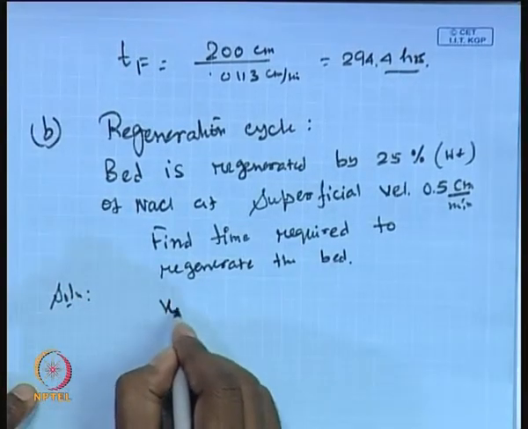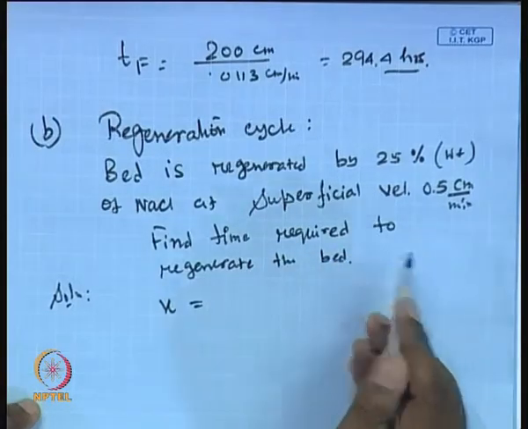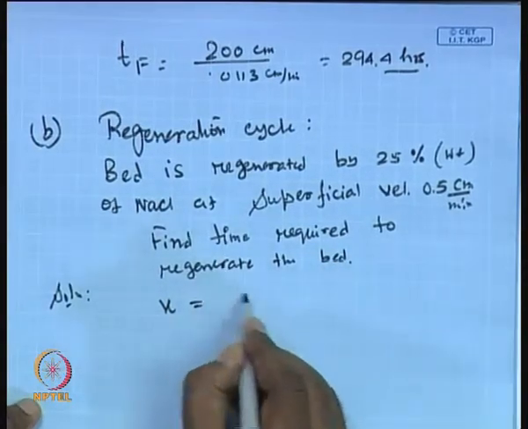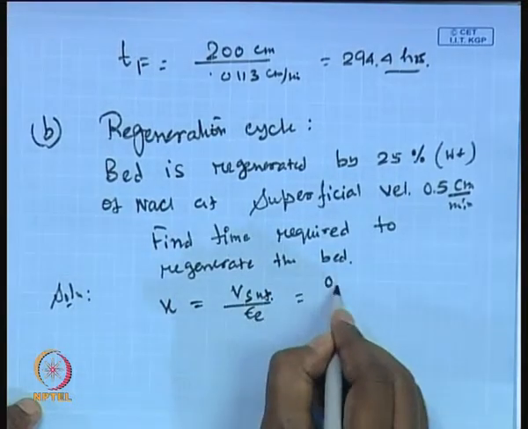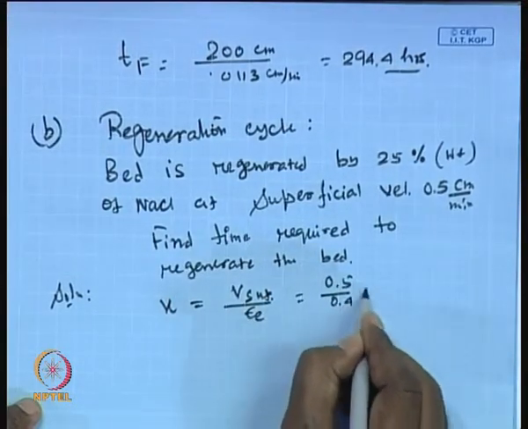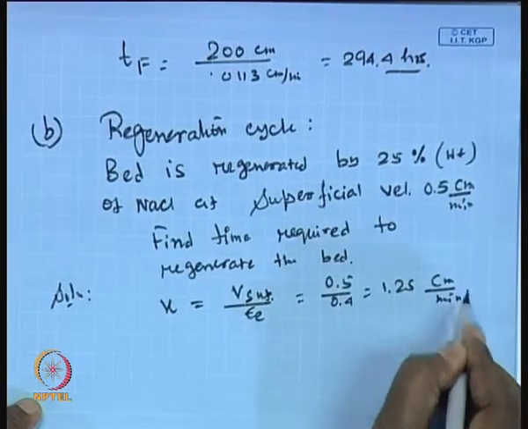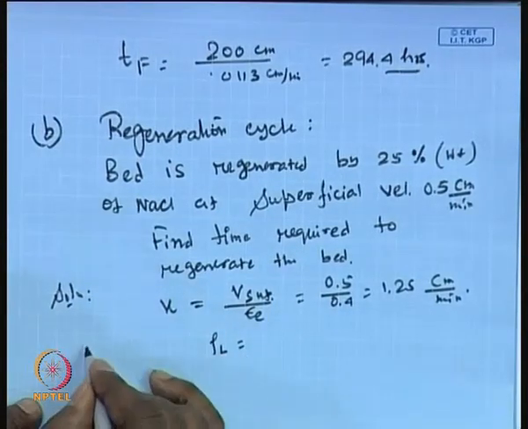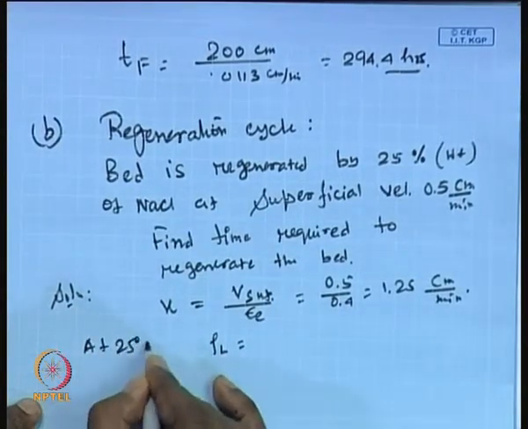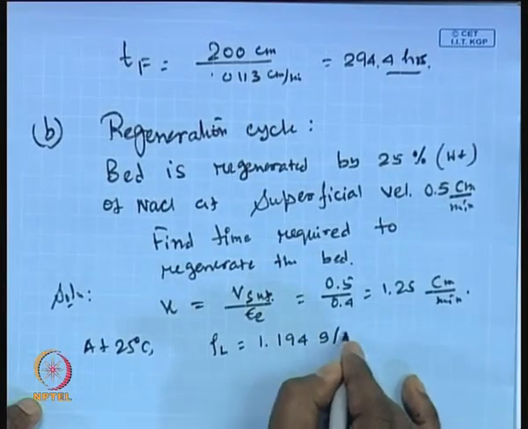Once you get the superficial velocity, you can convert it into the interstitial velocity by V superficial divided by epsilon E. So, it turns out to be 1.25 centimeter per minute, and rho L is given at 25 degree centigrade as 1.194 gram per cc.